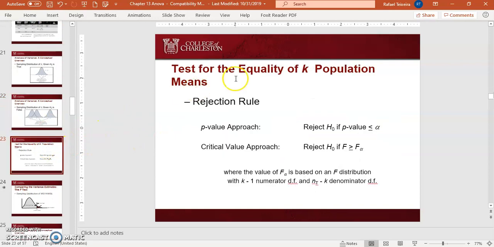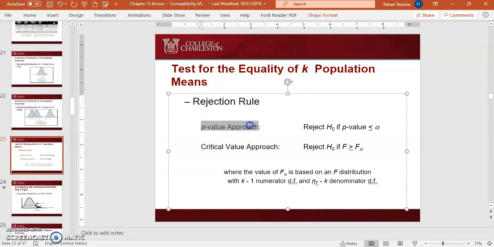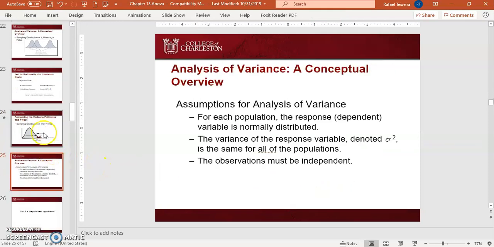The rejection rule is very similar to chapter 9 and chapter 10. If we use the p-value approach, we reject the null hypothesis if the p-value is smaller than the level of significance alpha. In the critical value approach, we reject the null hypothesis if the F statistic is higher than the F associated with our level of significance. I'm going to show you that in more application.